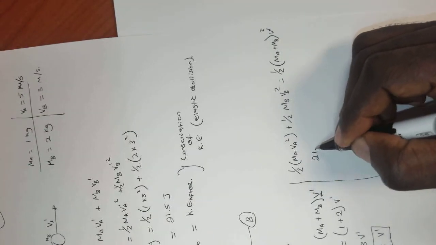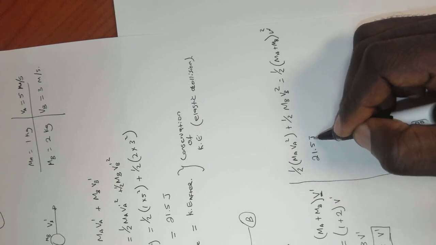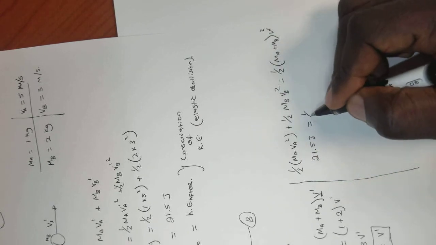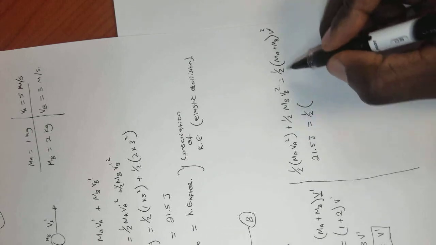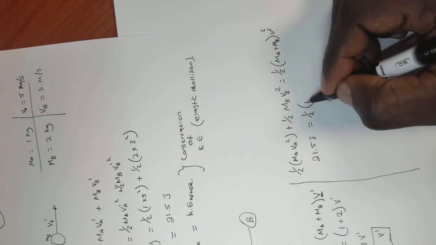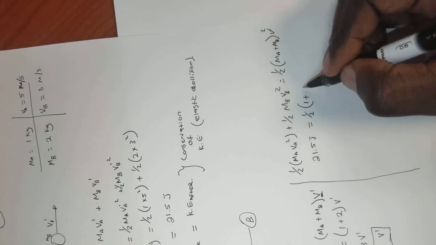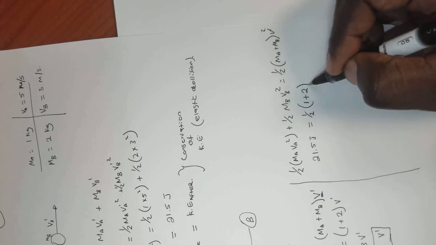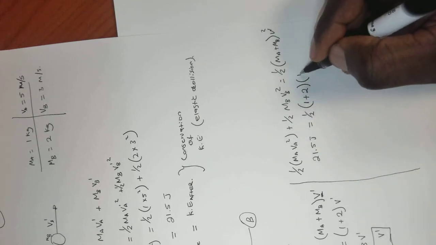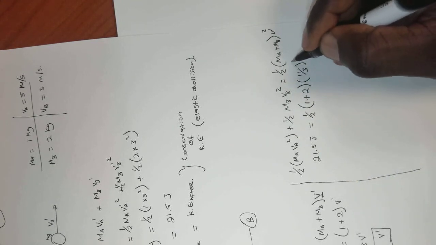So this we calculated and we got 21.5 joules. So you can calculate the other side: 1 over 2 times (1 plus 2), and you have your V, which is 11 over 3, squared.